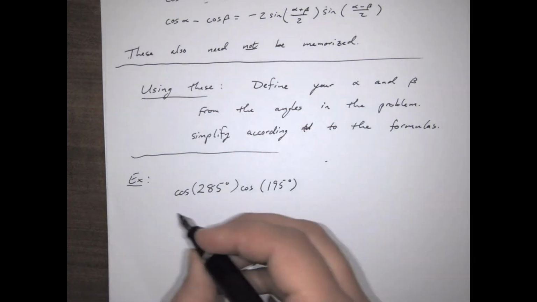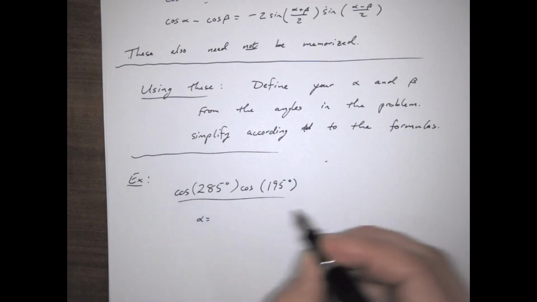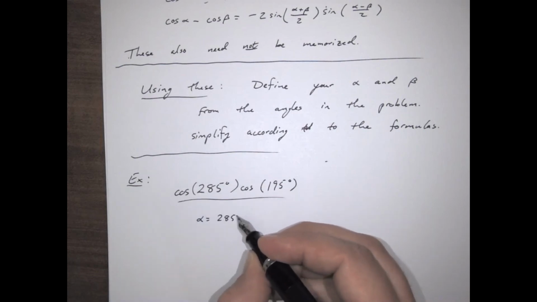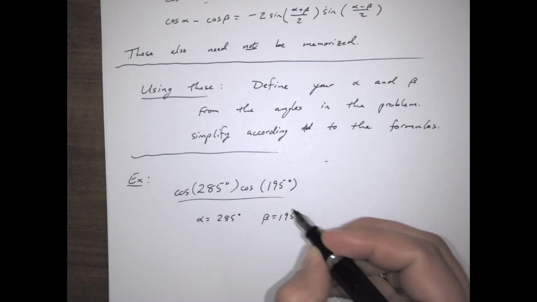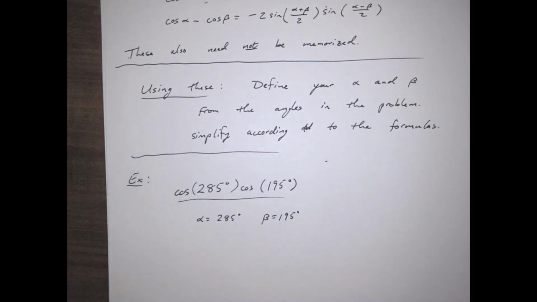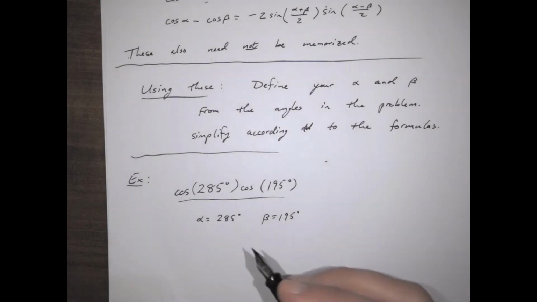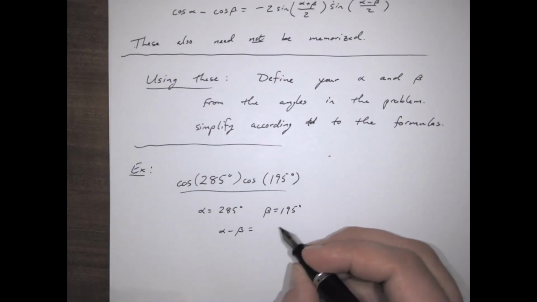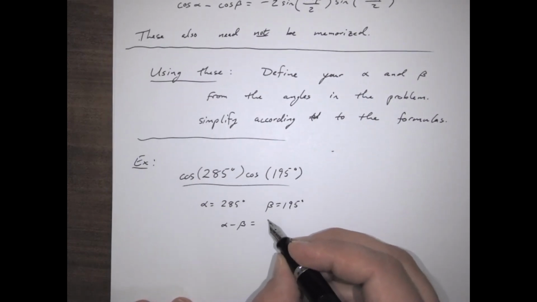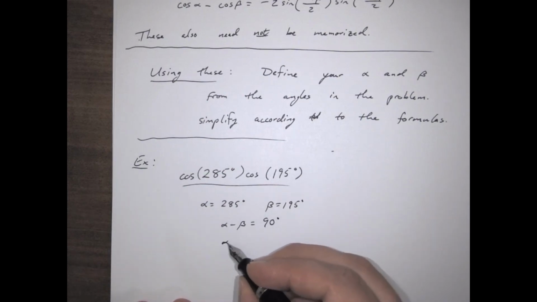Well, here we're just going to take alpha equals 285, beta equals 195, and we have a product, so we're going to use the product to sum identity that involves cosine, cosine. And so then that means alpha minus beta, we're going to need that, and alpha plus beta, we're going to need that. So alpha minus beta, it turns out, equals 90 degrees. Good to know.